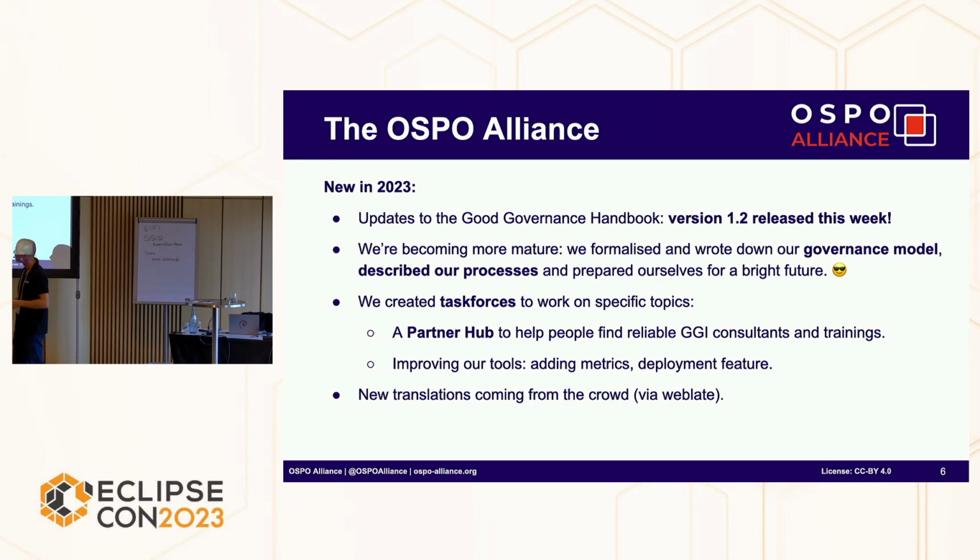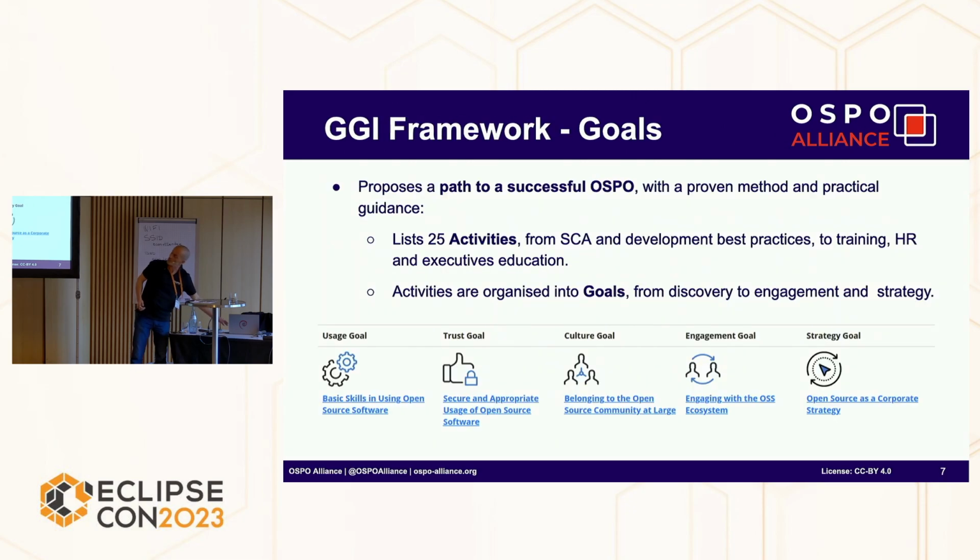We also have a bunch of translations of the handbook. The handbook is still written in English, but especially for public administration, it's quite important to have the handbook available in your language. So now we have something like 5 translations on top of the English one, and more coming. So that was a busy year.